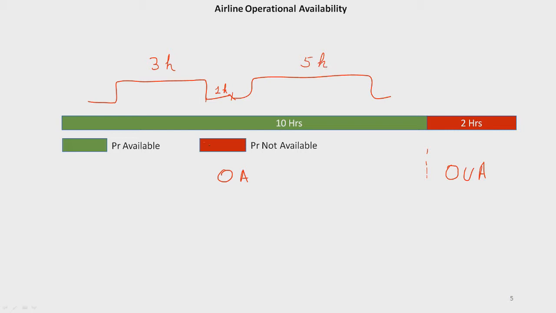Now, what does the green zone mean? The green zone means that there is no pilot report, no maintenance finding, not even a task from the maintenance planning or production department.